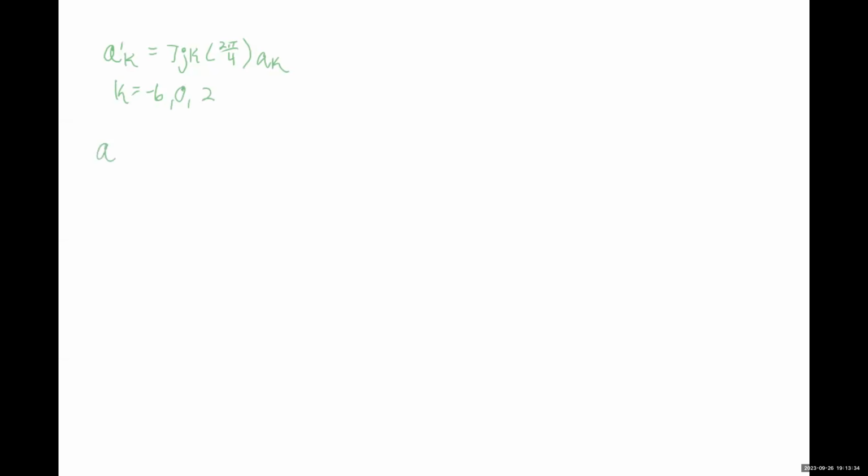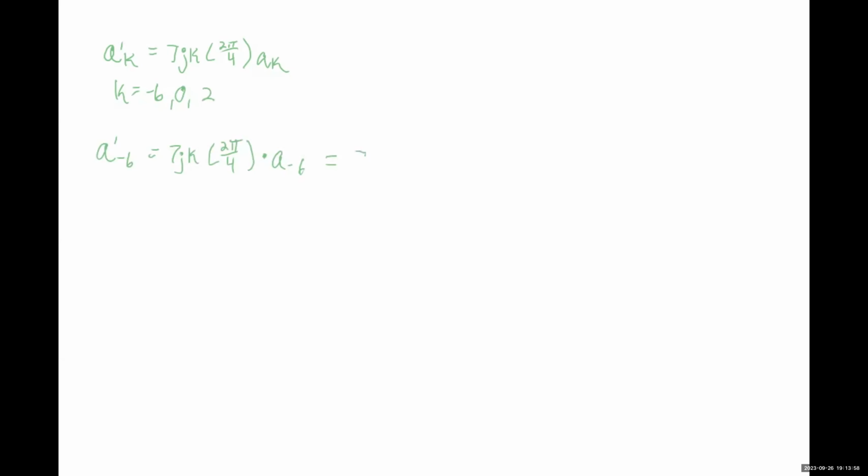So for a prime of -6, we're going to get 7jk times 2 pi over 4 times a of -6. So we're going to plug in k here.